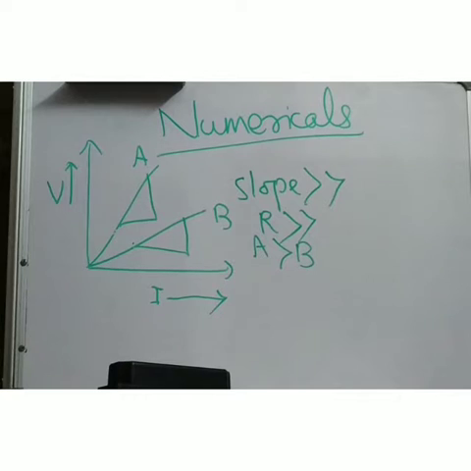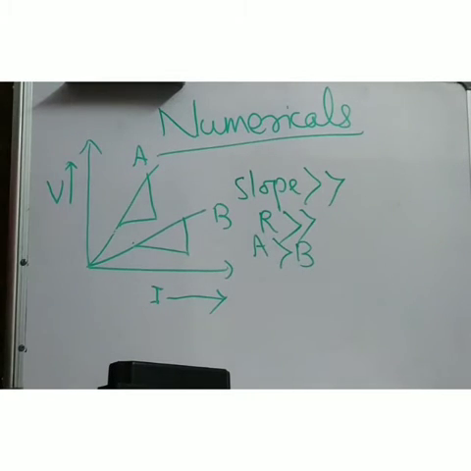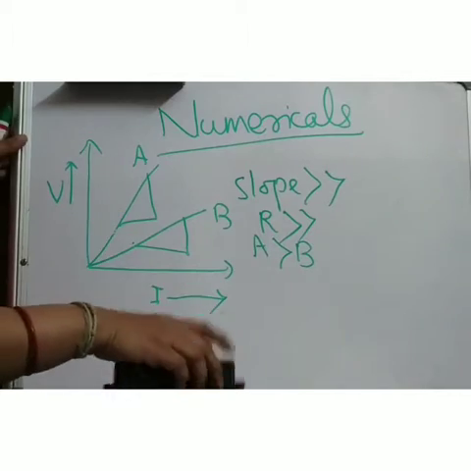So higher the resistance, the higher the resistivity. That means wire A will have higher resistivity than wire B.